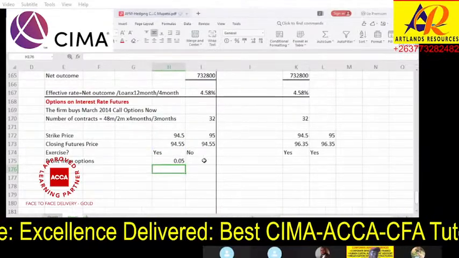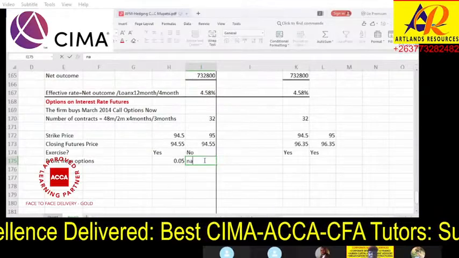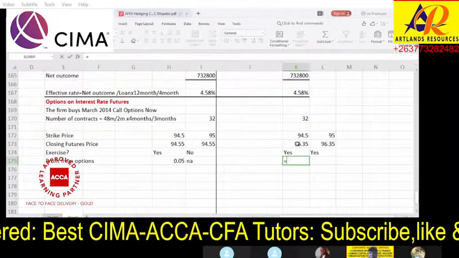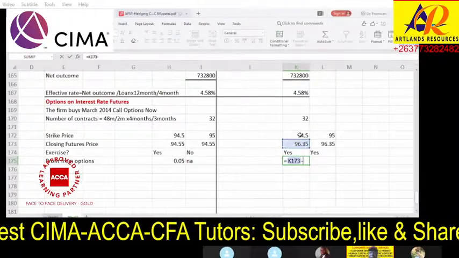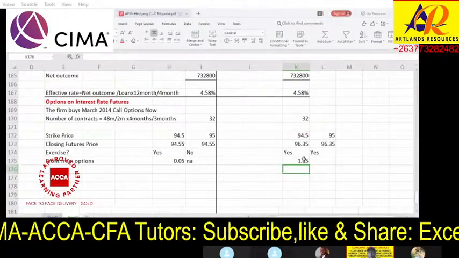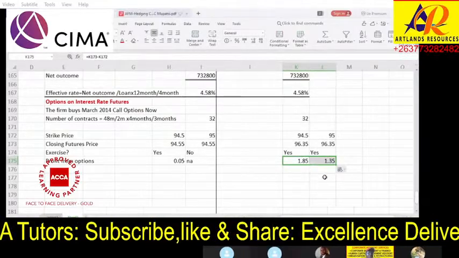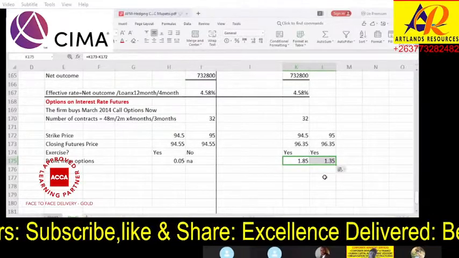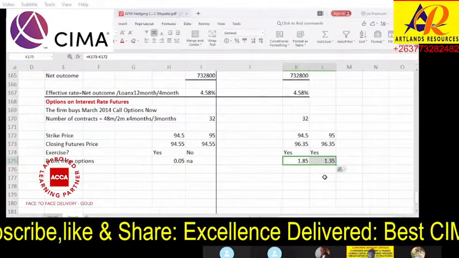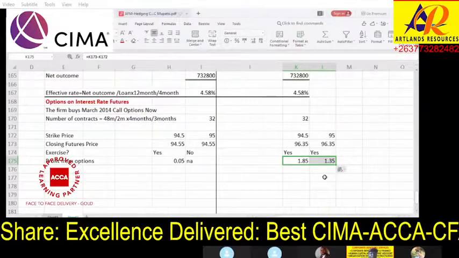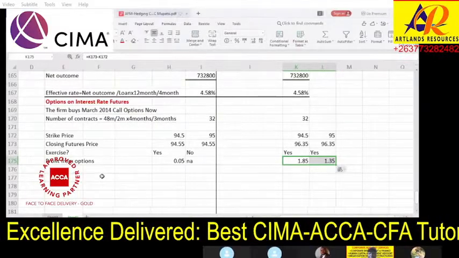But when I don't exercise the option, there is no profit from option, not applicable. Here, this minus this: 1.85 and 1.35. These are interest rates, so when you are punching in the calculator, it's actually 0.0185 and 0.0135.